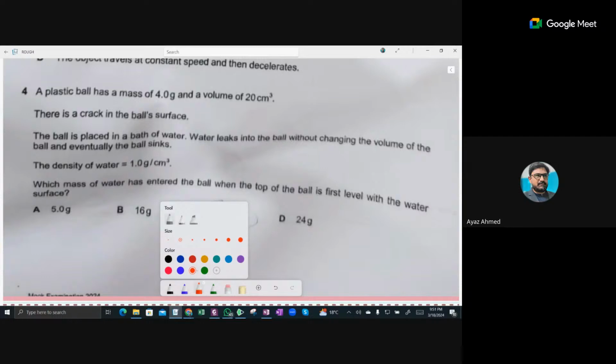The ball is placed in a bath of water. The water leaks into the ball without changing the volume of the ball. Eventually the ball sinks. The density of the water is 1.0 gram per cubic centimeter. Which mass of the water has entered the ball?